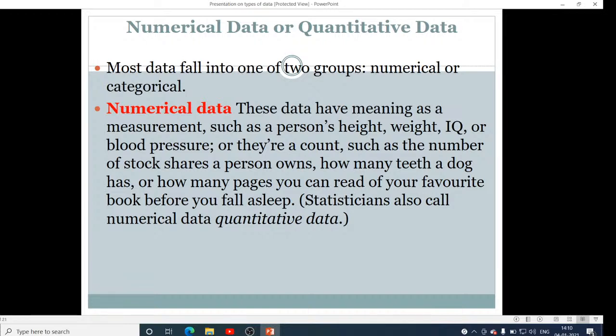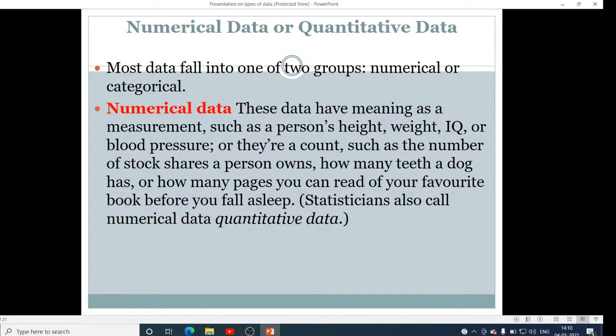Most data fall in one of two groups, numerical and categorical. So first we'll see the quantitative data. Quantitative data is also called numerical data. What is numerical? Numerical means we can count and measure the data. See the definition of numerical data.